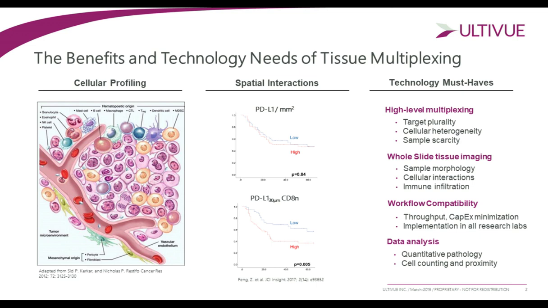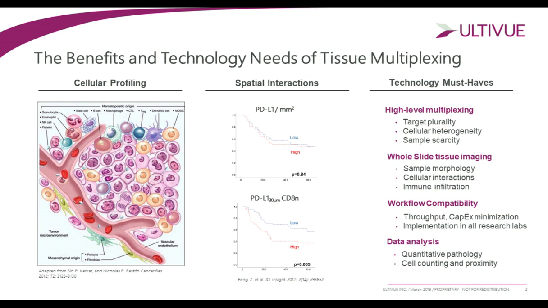For example, one of the big things that we really need to keep into account, and one of the major benefits of tissue multiplexing, is being able to understand spatial interactions. So if you look on this slide that's currently being presented in the center, you'll actually see a figure that was pulled from the Bernie Fox lab at Providence Cancer Center from a publication in 2017 looking at PD-L1 within a tumor. When we look at PD-L1 alone within the tumor, you really cannot stratify patient populations in survival.